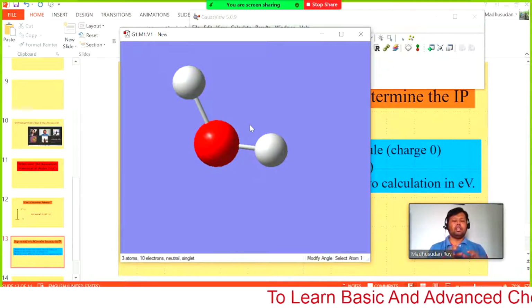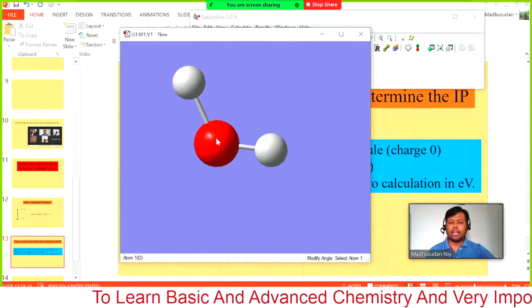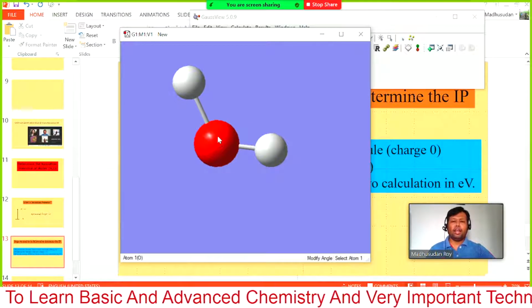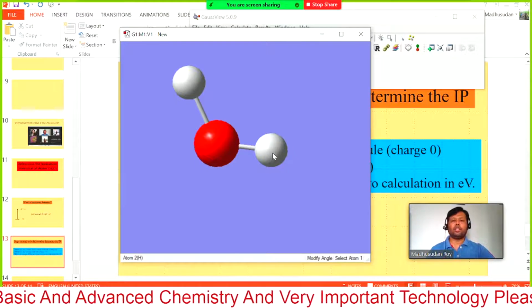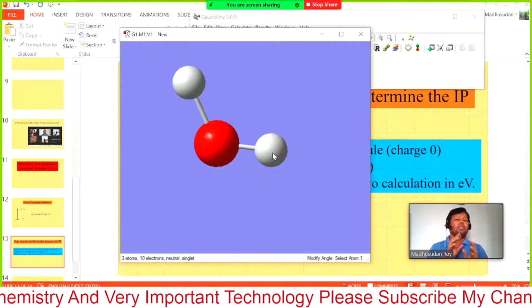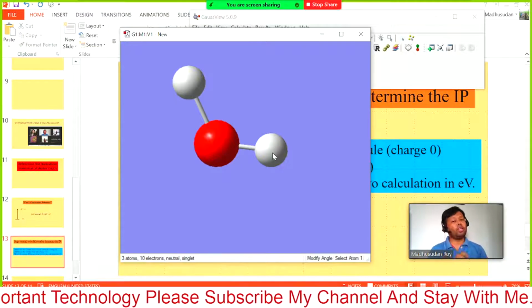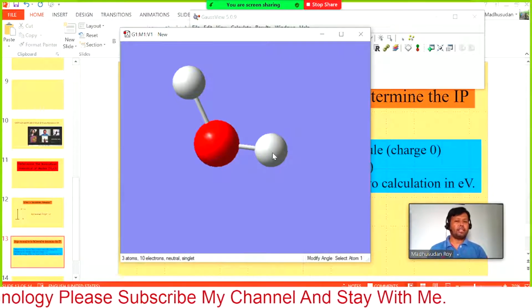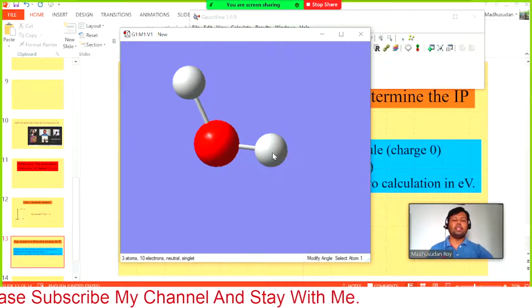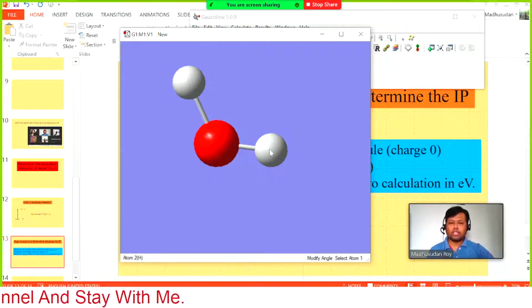That means it will try to change the positions. Right now we know the oxygen and hydrogens are not exactly at the minimum energy position, because intentionally we have changed it. But it will do it for us, and we will get the bond length, the bond angle, and the energy of this molecule.